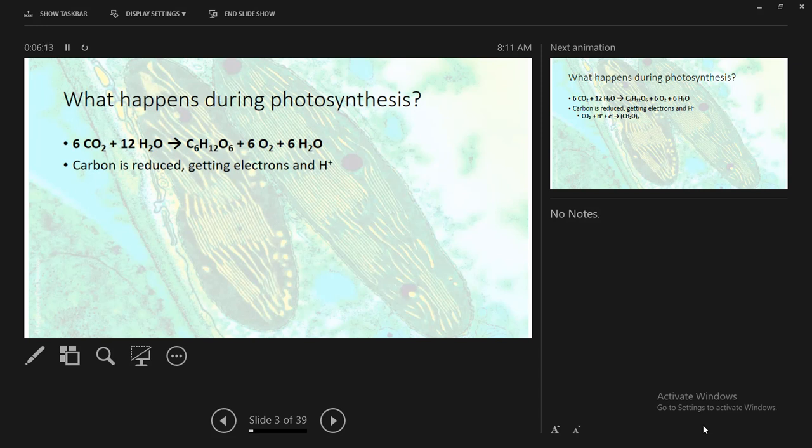The molecules that the carbons are part of are getting electrons. And here's basically the summary of what's happening with carbon. We're taking carbon dioxide, we're adding more hydrogens, and we're adding some electrons, and we're going to generate these carbohydrates, CH2O.